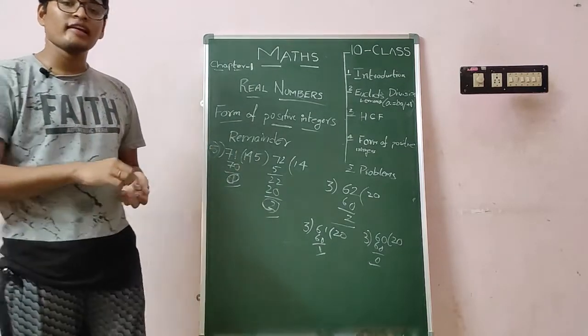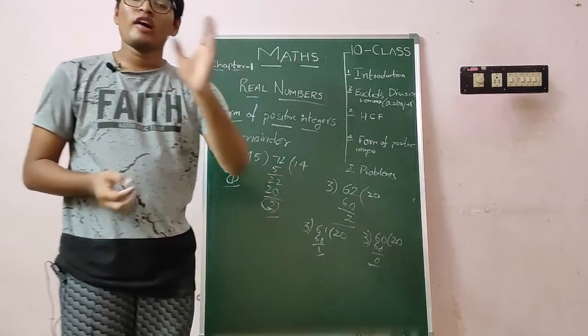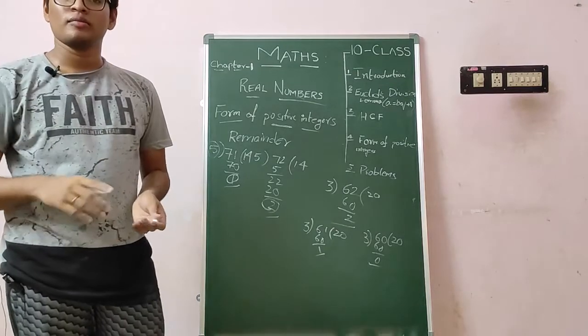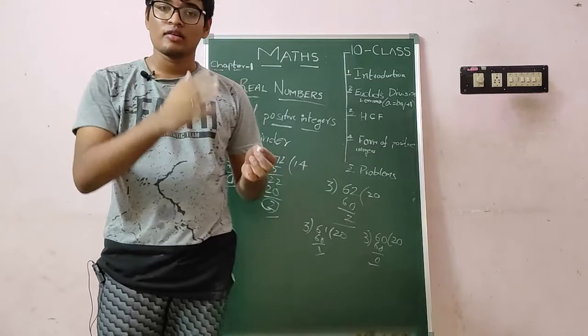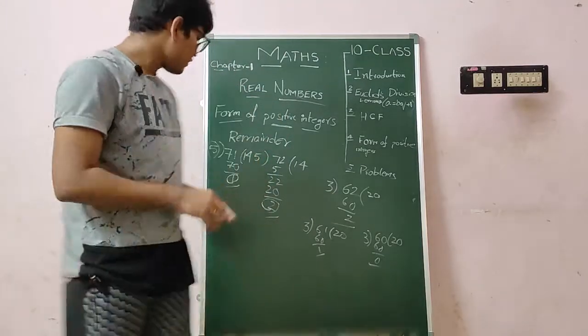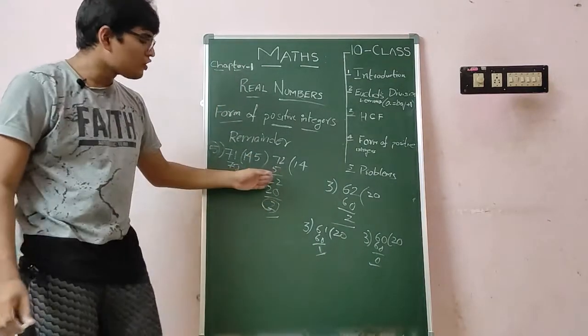If you are dividing a number by a divisor, for example 5, the remainder will always be less than 5, students, because if the remainder is greater than 5, you will divide it once again. Here you can see we got 22. Can 22 be divided by 5?